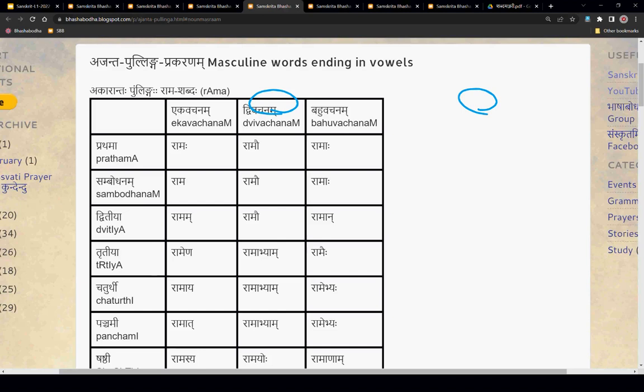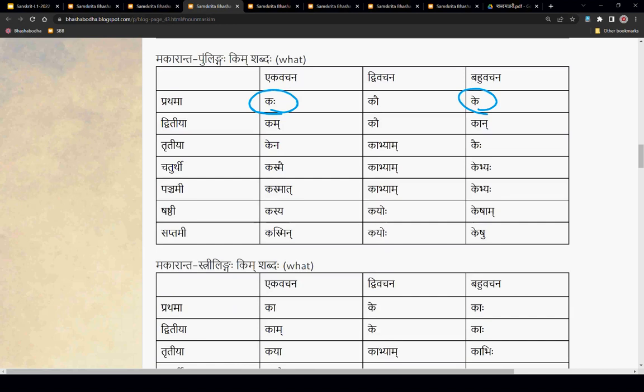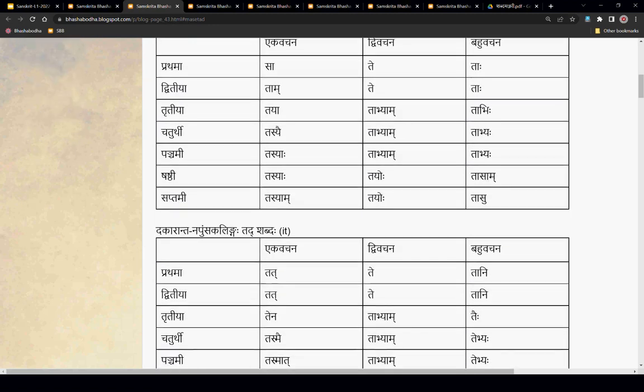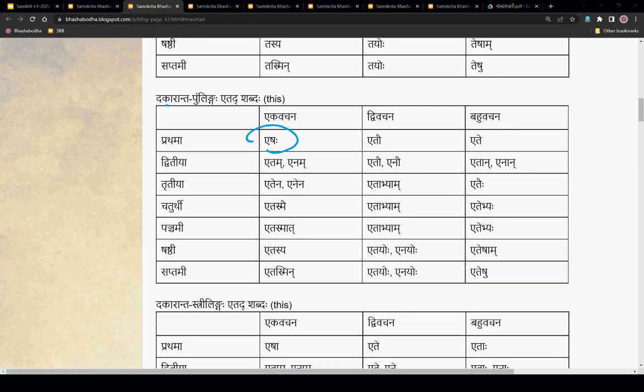Saha Kaha and Te Ke. Similarly, Eshaha here. If you scroll down, see here. Eshaha, Ekavachanam, Pullinga, then Ete, Bahuvachanam. So, Eshaha Kaha and Ete Ke.